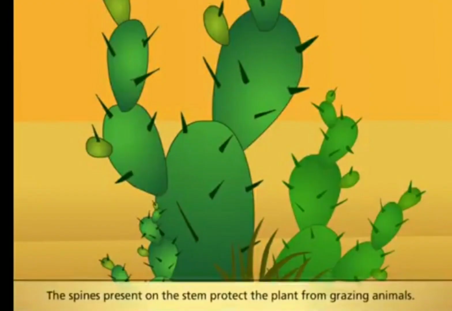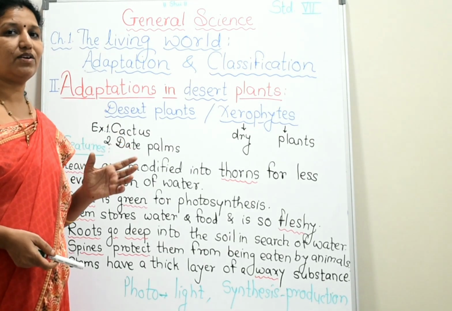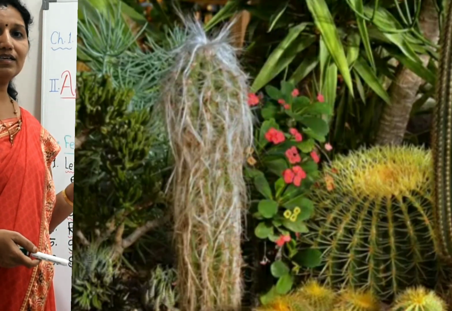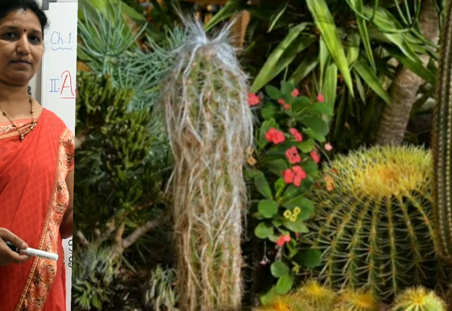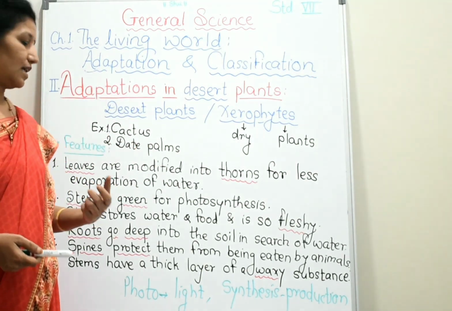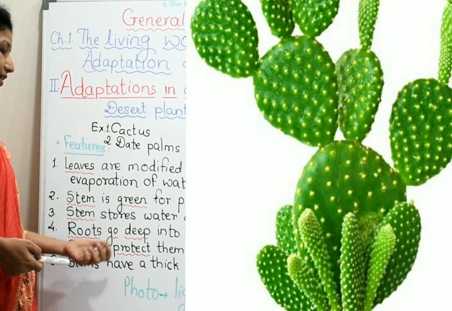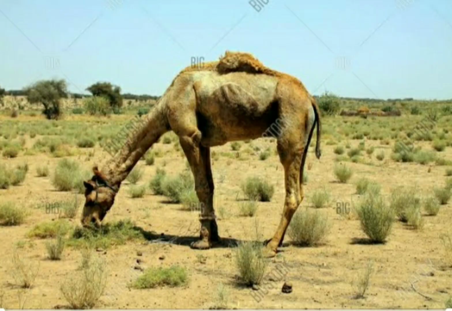Again there is one additional feature. We know that these leaves are modified into spines or thorns. I have told you that these adaptations help them to protect themselves from predators, from animals that eat them, and these spines protect them from being eaten by herbivorous animals.